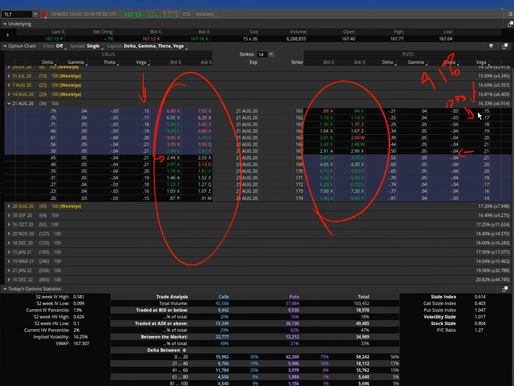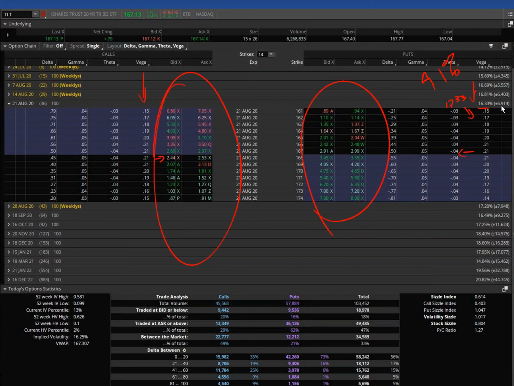Now, this number doesn't tell me anything, to be honest, whether or not it's 16% for TLT, high or low, and we will talk about that in more detail a little bit later. But the idea is volatility gives us a signal as to whether these are cheap or expensive, right? And if they're cheap, then we'd probably be wanting to buy them. And if they're expensive, we would want to be selling them.